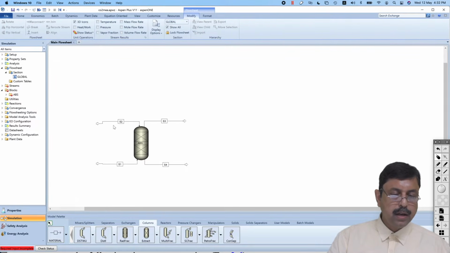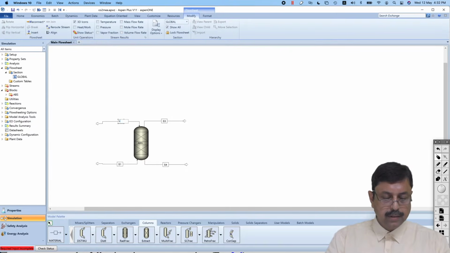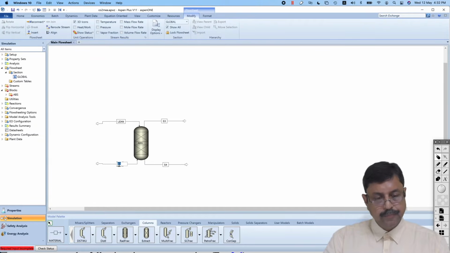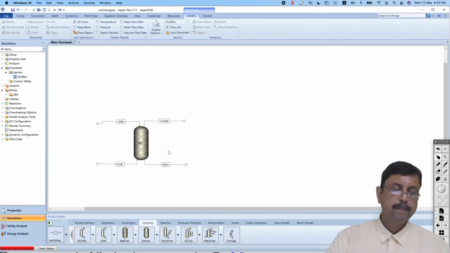We rename them accordingly. We say this is lean. This one is flue. This is rich. And this is clean gas. Okay. Now press next.